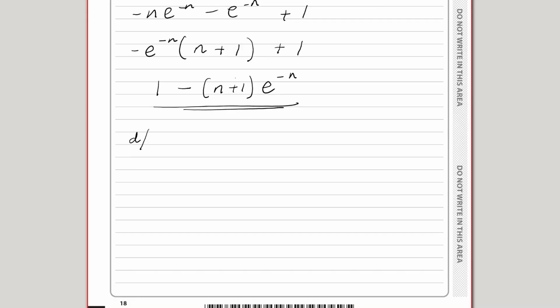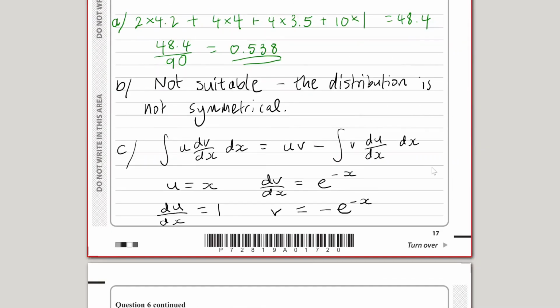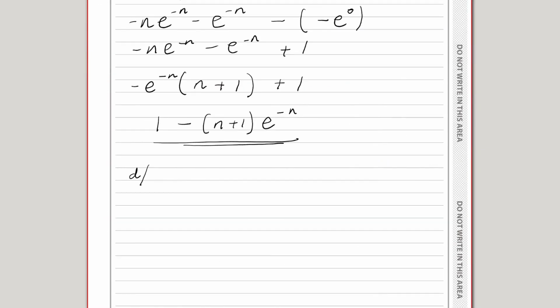So part D was that. When n is 4, k times 1 minus n plus 1 e to the power of minus n equals 90.